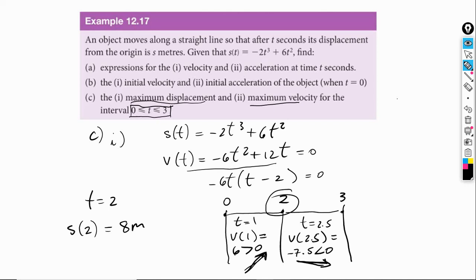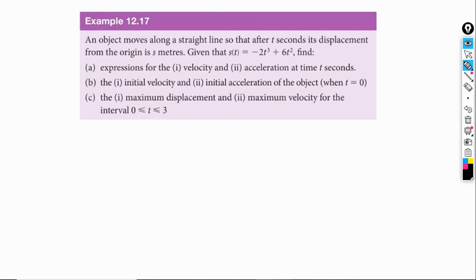Okay, so let me get rid of this a little bit here. And let's work on the maximum velocity. So we're doing part C, and in C, we're doing 2. So maximum velocity. Now let's recall that the velocity formula or function is going to be negative 6t squared plus 12t.